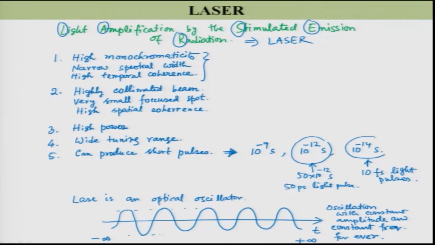on oscillating. Now if I take the Fourier transform of this, what will you get? This is in the time domain, and in the frequency domain you will get a sharp line. That means there is only one value of frequency in this case.